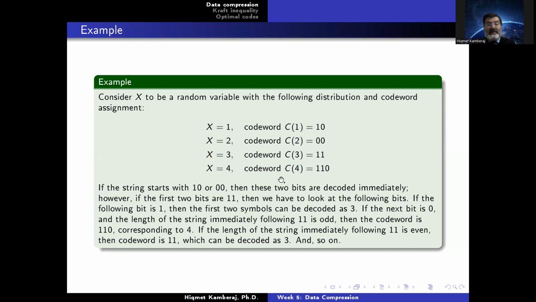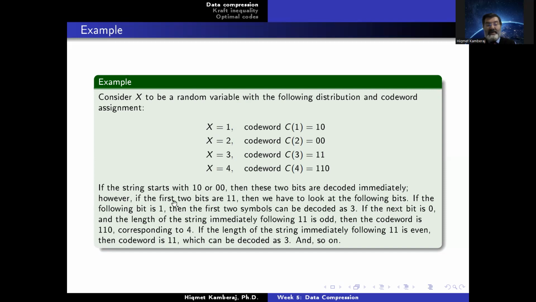Now, if the string starts with either 1, 0 or 0, 0, then these 2 bits are decoded immediately. For example, 1, 0 is decoded as 1, and 0, 0 as 2.